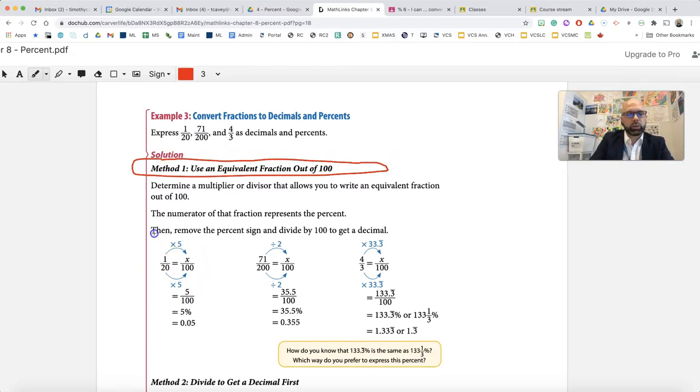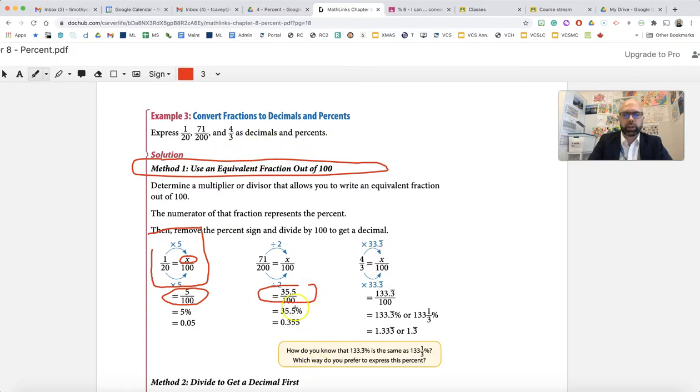If you think back to our unit on proportions, I think that was our last unit, you're lining up two fractions. You're saying 1 over 20 equals what over 100? And so when you solve for x, that gives you your value over 100, and then that gives you your percent and your decimal. Do the same thing here. 71 over 200 equals, you're going to divide the 71 by 2, and you get 35.5.